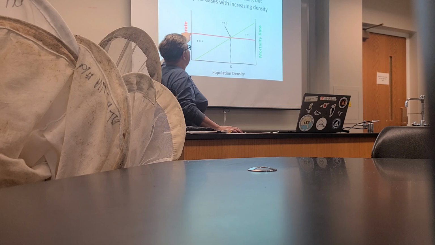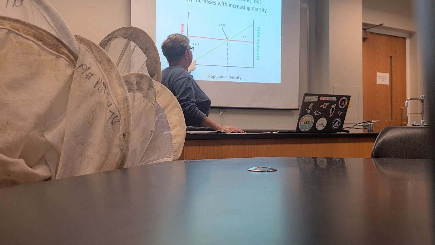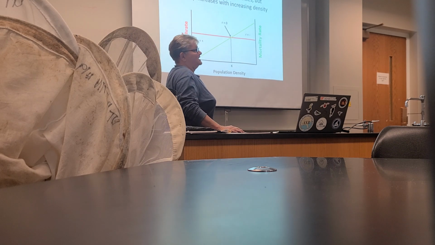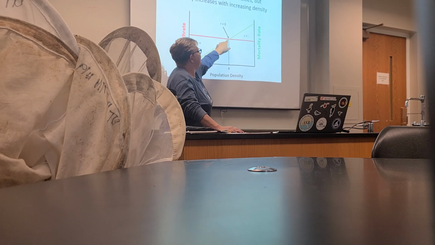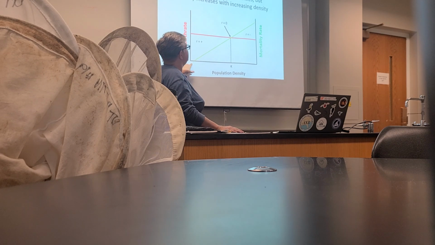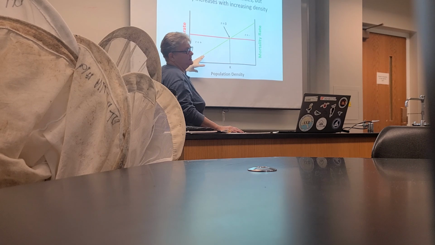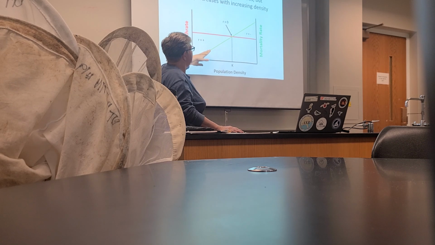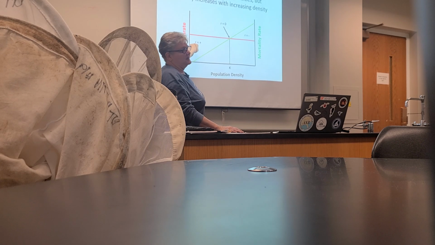All right. In this piece of the pie, so we're not talking about everything on this side, just in this piece of the pie, the birth rate is higher than the mortality, and so our growth rate is going to be positive.